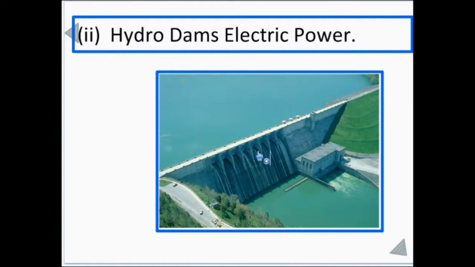When part of the river is dammed, obstructed, it can be used in the generation of electricity, and that's the main source of electricity for Nigeria. This is a picture of that, and mind you, we have a hydro dam at Kainji and another one at Shiroro. These are dams of great importance in Nigeria.